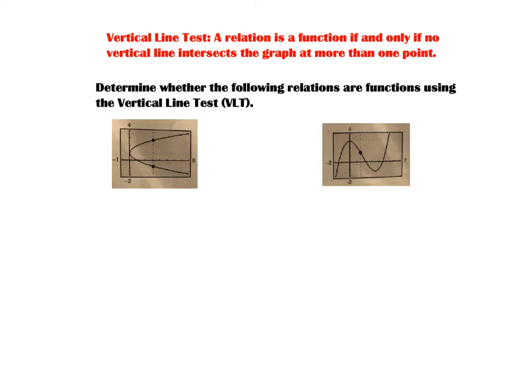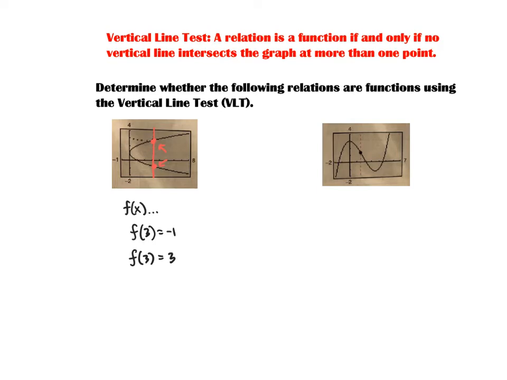So as I draw a vertical line, in this case, you can see this red dotted line crosses the function and intersects it at two different points. That means that for this function, let's call it f of x, f of, what would that be, 1, 2, 3, equals -1, and f of 3 equals +3.